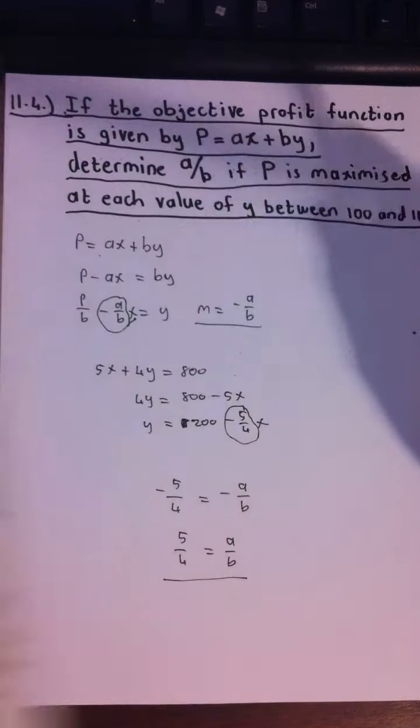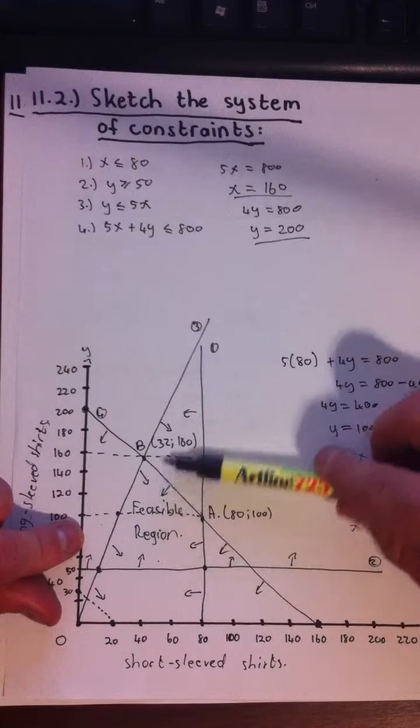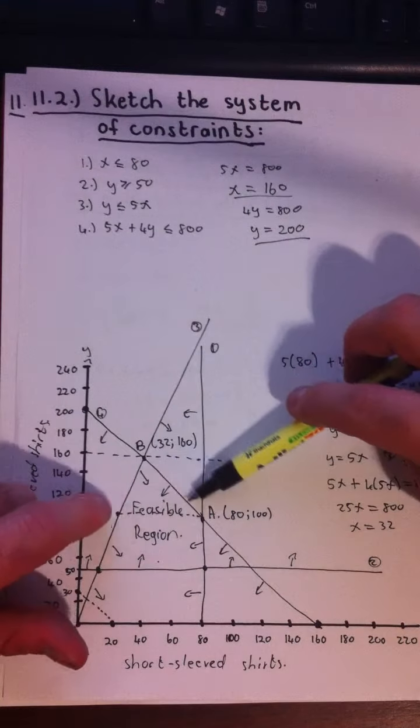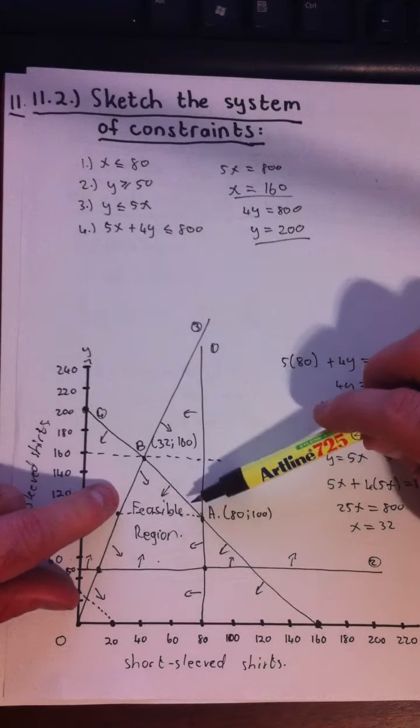And then we just look on our graph in the region they specified, this region here, to see which of the lines are in contact with the feasible region. And then we check what the gradient is of that line.